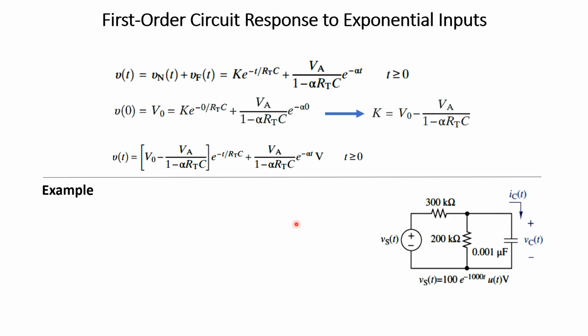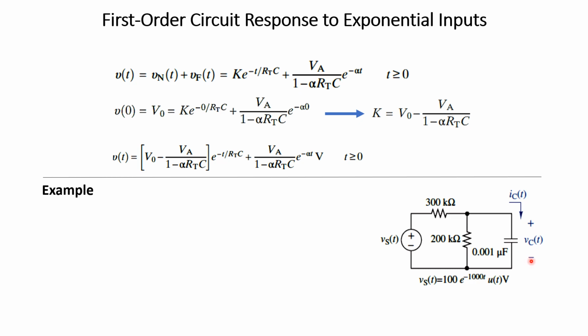Now we discuss an example. In this example, this is the circuit, and only one voltage source is shown. This voltage source is an exponential voltage source, or the form of the forcing function is exponential. 100 is the coefficient and alpha is minus 1000.